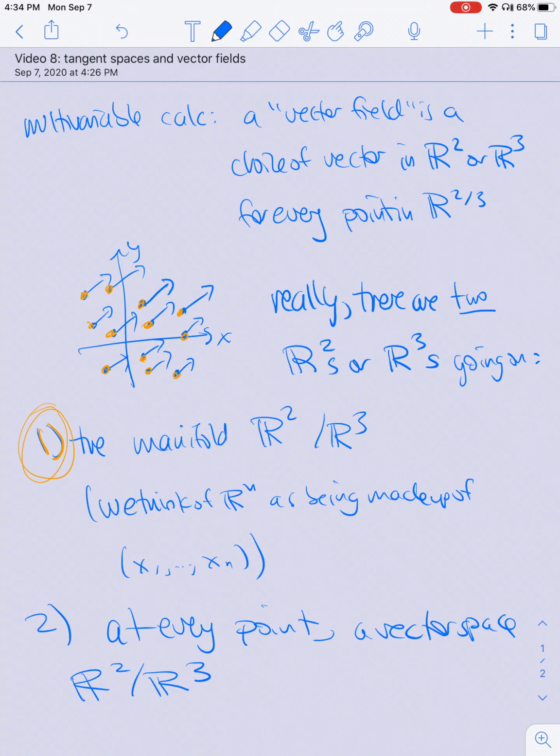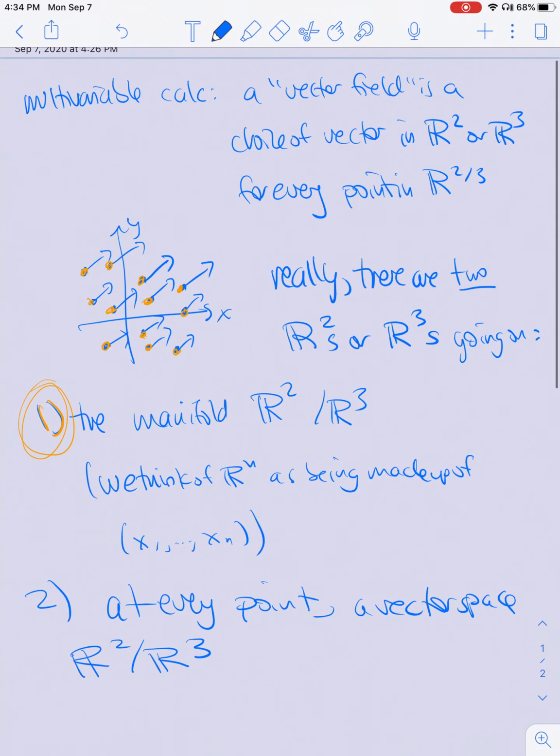Your book has some really great pictures in section 2.2 of this phenomenon and how it helps you to think about separating these two concepts of Euclidean space. So I suggest looking at section 2.2.